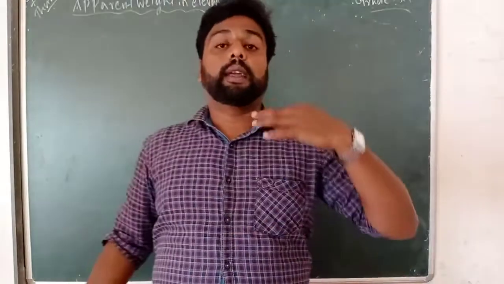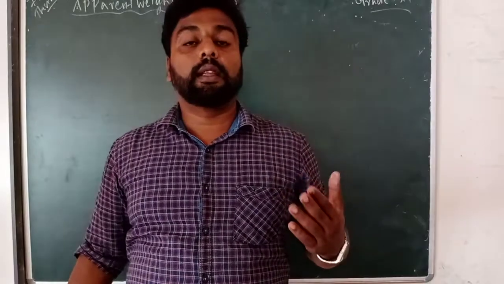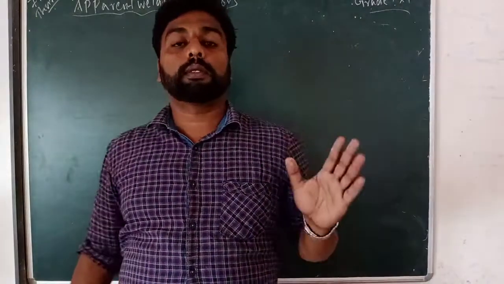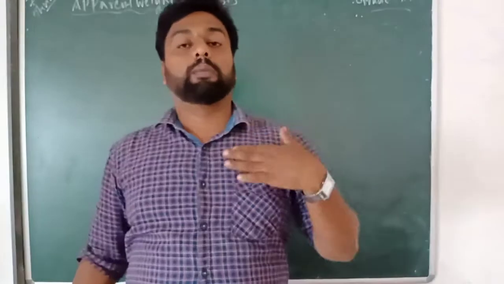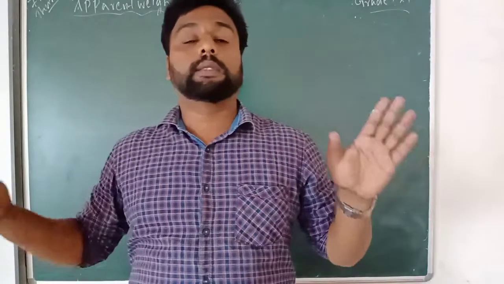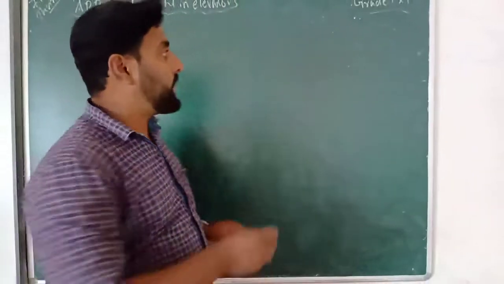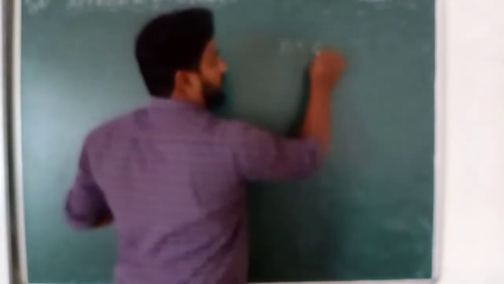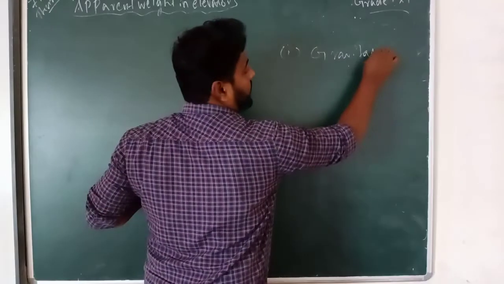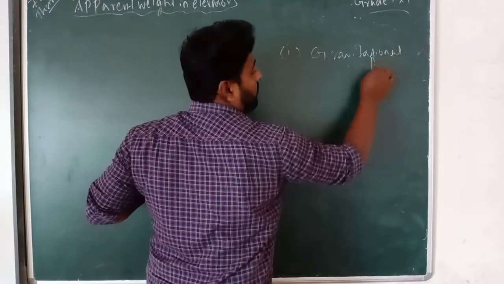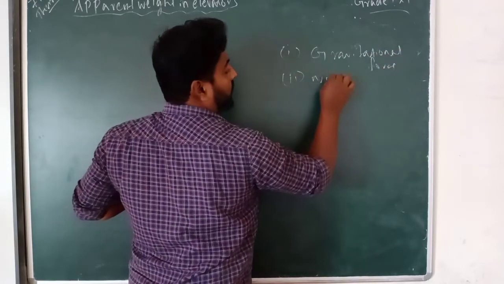Assume that you are standing inside the lift. When we stand inside the lift, there are two forces acting. The first one is the gravitational force, and the second one is the normal force.